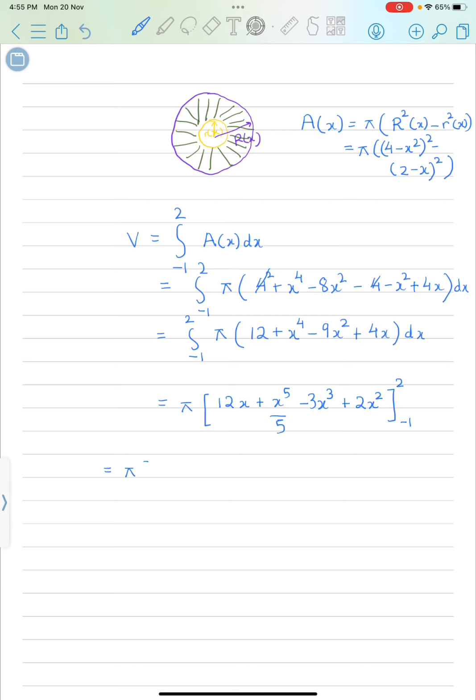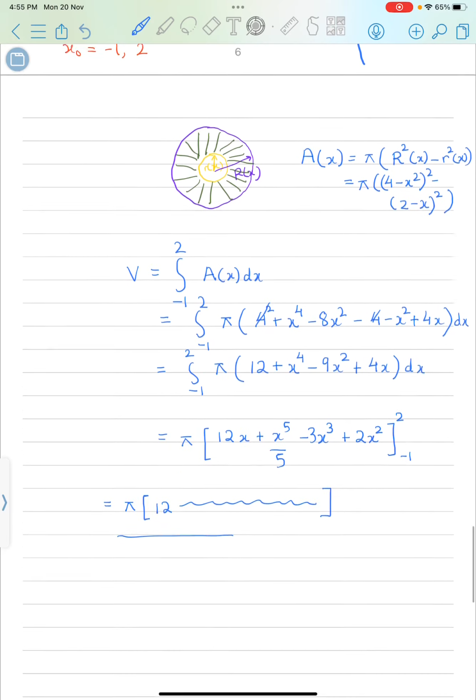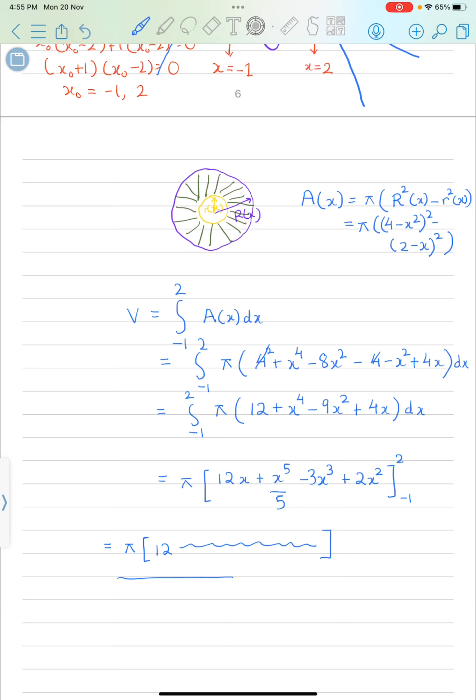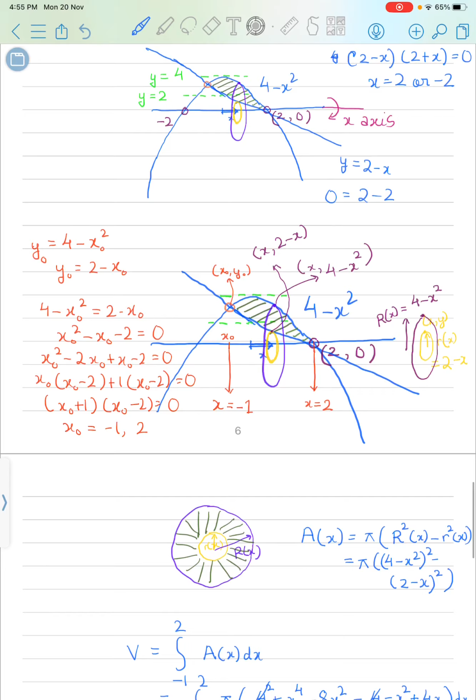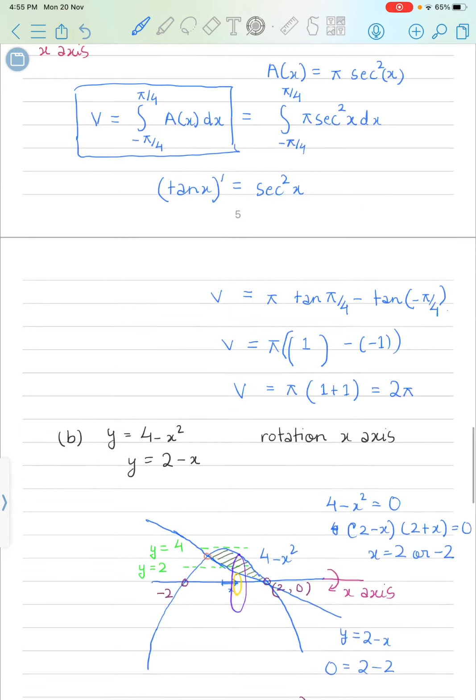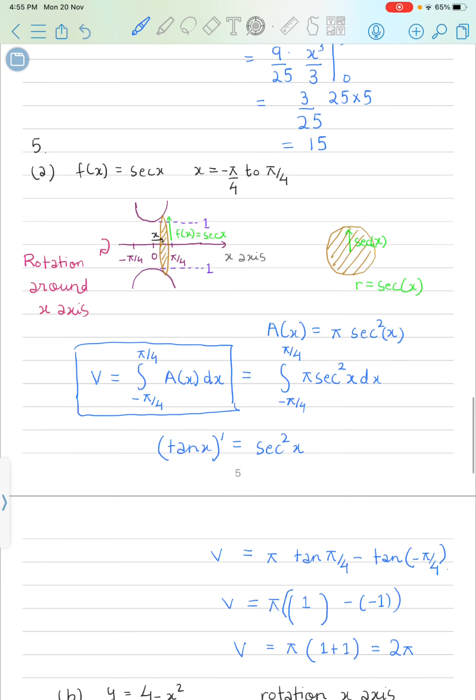I believe you can do the calculation now. So do the calculation, you will get the result. So this finishes the question number, what is it, 5b.